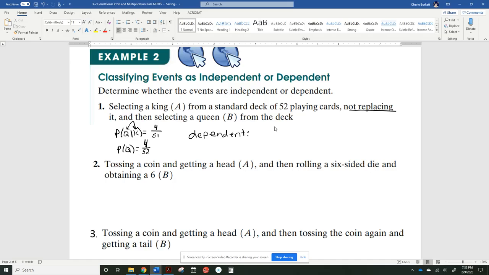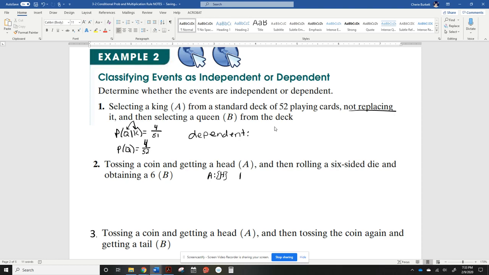It says we're going to toss a coin and it's going to land on heads, and they've labeled that event A. So A is defined to be landing on heads. That's how we would label it. Then we're going to roll a six-sided die and obtain a six.